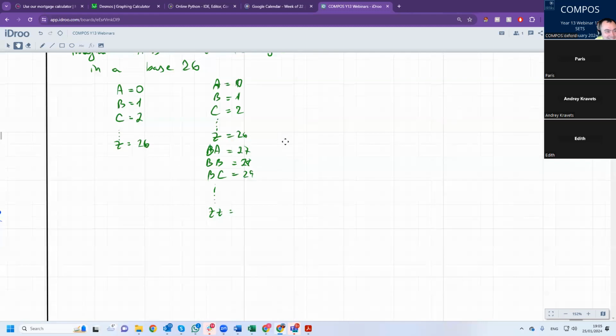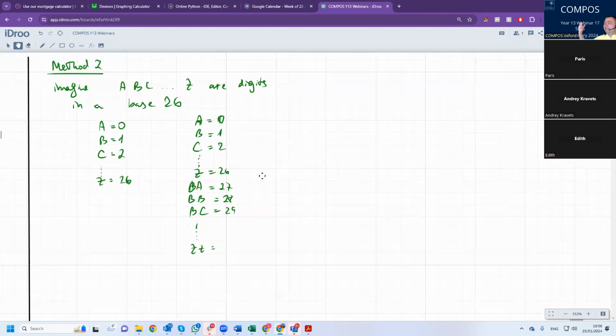So this is like base 26 maths. Do you understand what I'm talking about? Yes or no? It's fine if no. Okay, good.